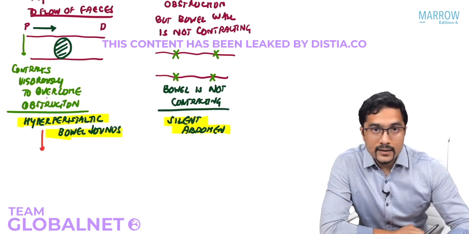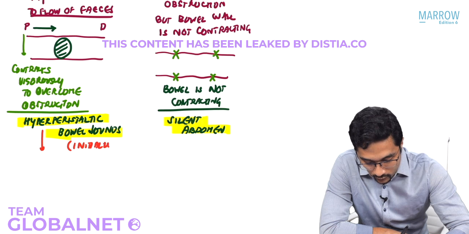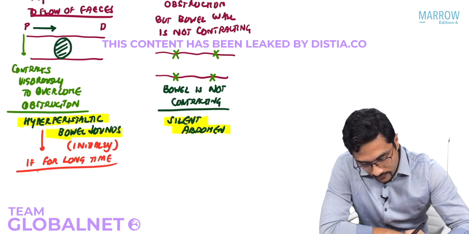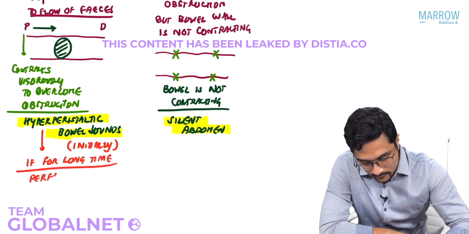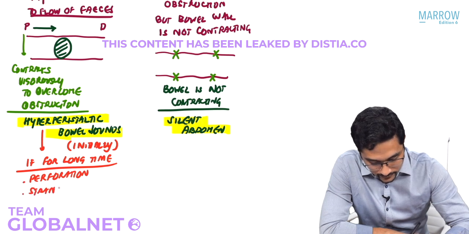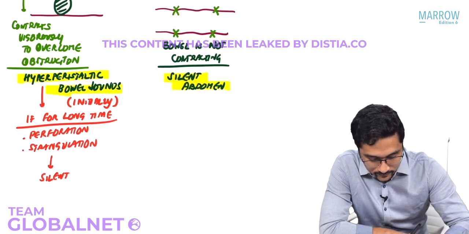Now, there are hyperperistaltic bowel sounds initially, but if the obstruction persists for a long time, there can either be a perforation or there can be strangulation. And if there is a perforation or a strangulation, in that case, there is a silent abdomen.